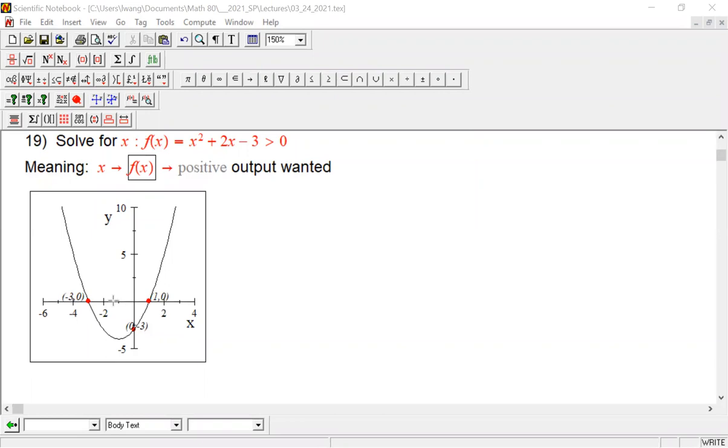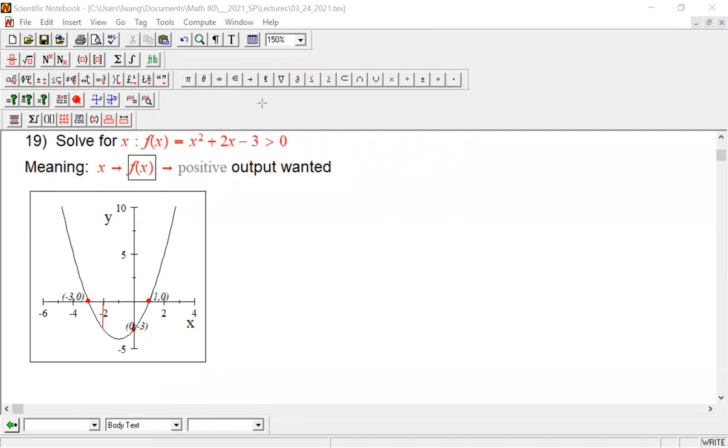For example, for this input -2, we have an output. I can find the value by plugging in f of -2. But I know from this picture that f of -2 is going to be a negative number, because the vertical line is beneath the x-axis.